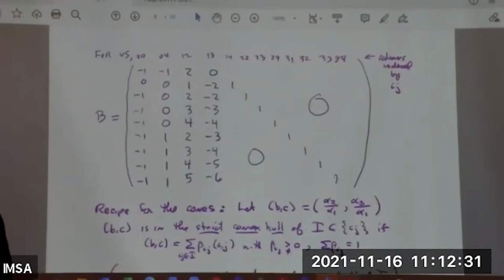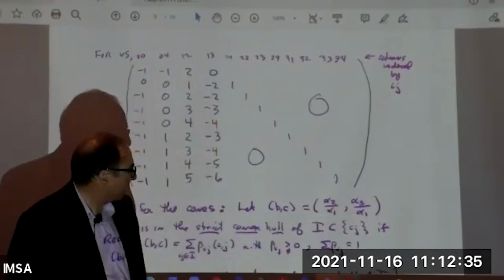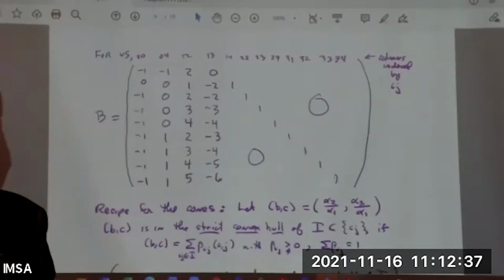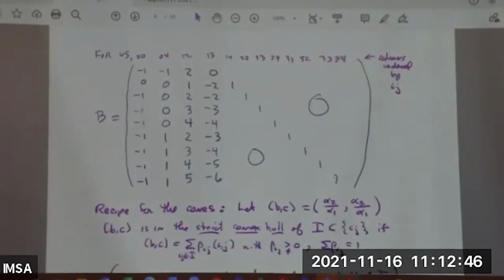You take a point, you dehomogenize the character. So instead of alpha 1, alpha 2, alpha 3, you divide through by alpha 1 and get 2 rational numbers, alpha 2 over alpha 1 and alpha 3 over alpha 1. Let's call that pair B comma C. You get a rational point in the plane.